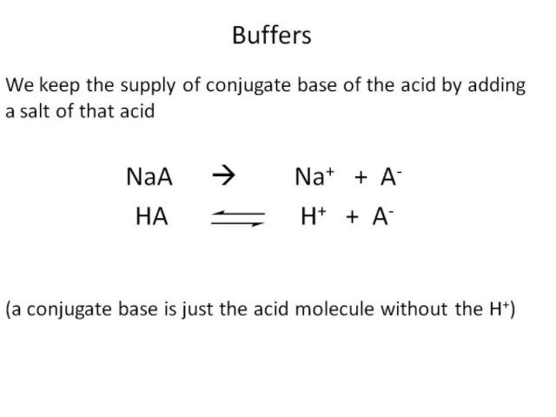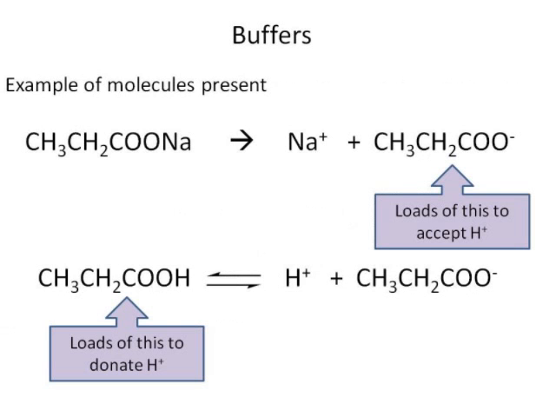However, we can get around that by adding a salt of the acid. That will provide us with plenty of conjugate base. And what happens therefore is, in this example of propanoic acid and sodium propanoate, the propanoate acts as an acceptor of H plus and becomes propanoic acid.